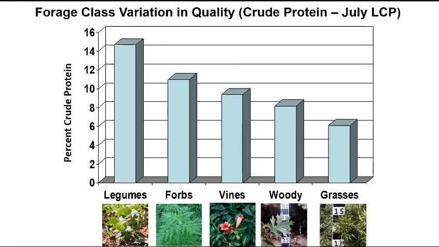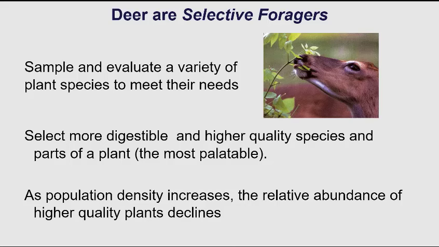So if a deer is trying to meet its nutritional needs while he's growing antlers or while she's in late stage gestation or early lactation, a deer is going to need to eat higher quality forage. And the way they do that is because they are selective foragers.